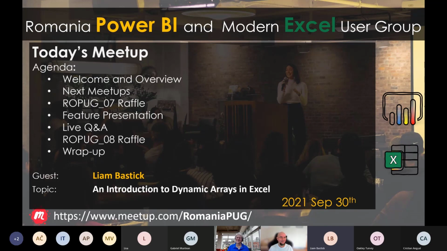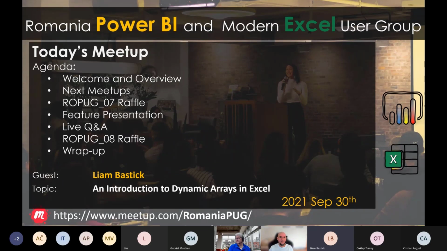So we have to run that one first. Then Liam will walk us through the dynamic array introductions. We have a live Q&A in the end, and just at the end, we'll have the raffle for the September meetup. And then the wrap up.